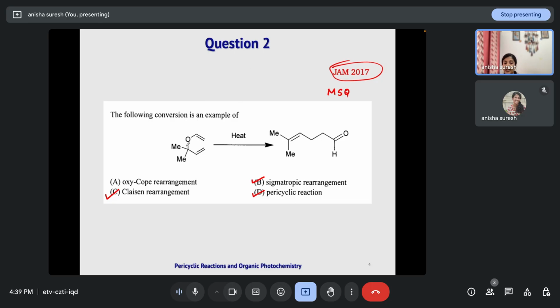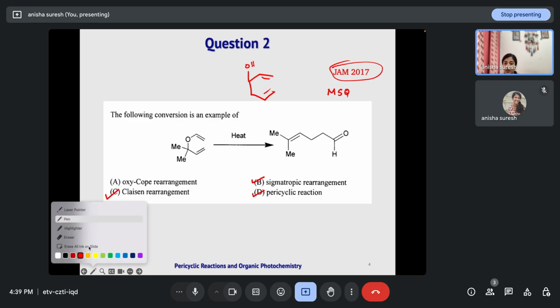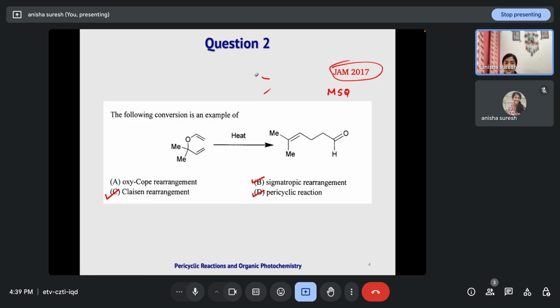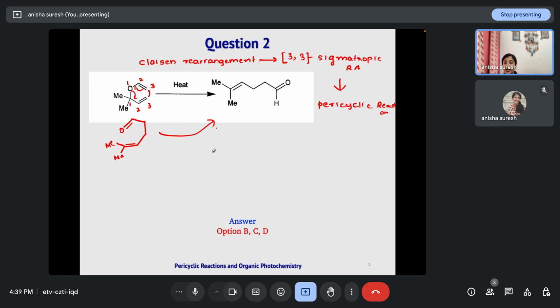It is not a vinyl allyl ether system, rather it will be like this sort of system where the oxy-Cope rearrangement takes place. So this is not an example of oxy-Cope rearrangement. So these three options are correct for the following conversion, and the right answer will be options B, C, and D.